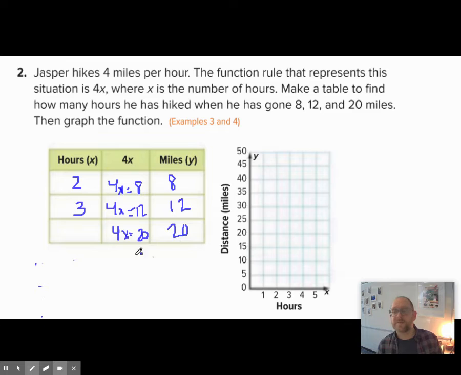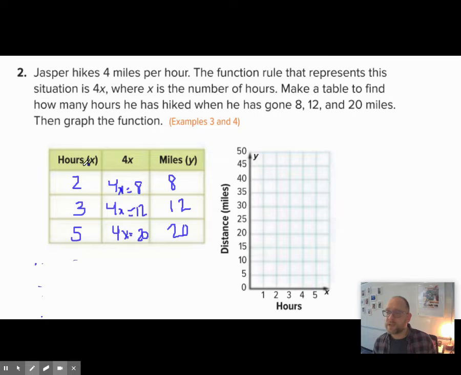Same deal for the last one. We'll need to divide our 4x by 4 to get x by itself. So that means we need to divide 20 by 4 on this side, and 20 divided by 4 is 5. X will equal 5. So there you go. There is our table. Now we need to take these values and plot them on our coordinate plane.